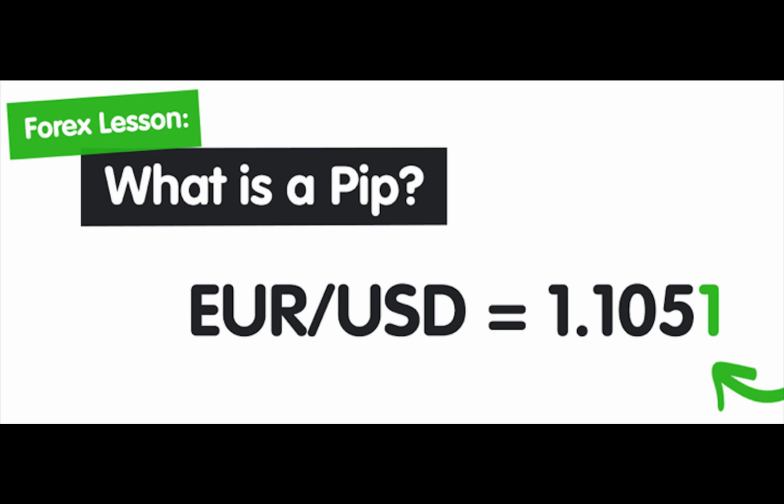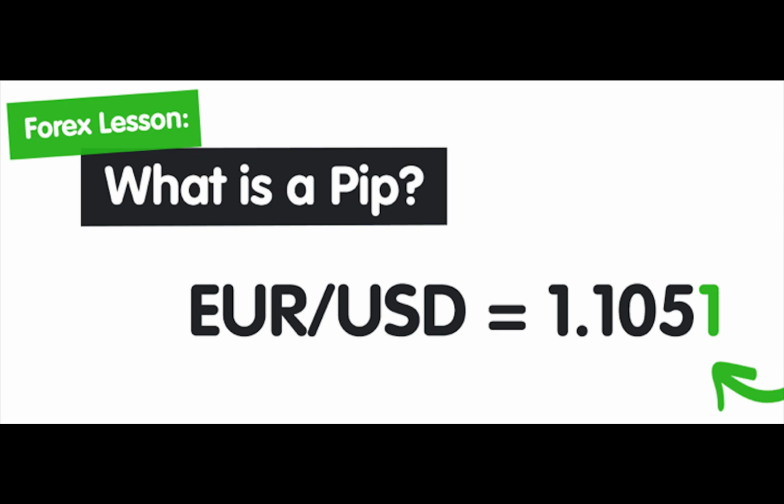You understand? So for Euro USD, and most of the currency pairs apart from JPY, the quote is always in four decimal places: 1, 2, 3, 4. Unlike the JPY.